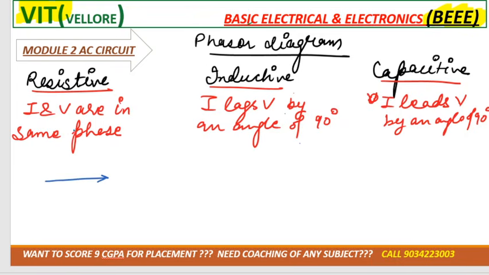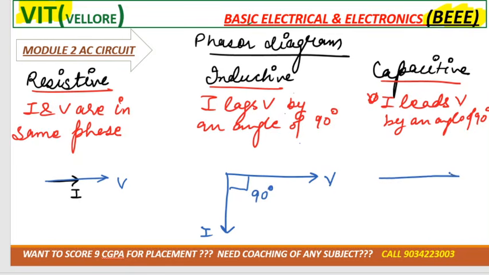Same phase means, generally we take voltage on the x-axis, right? So current is also on the x-axis. Clear? Similarly, here voltage is on the x-axis and current lags. Lags means on the downward side by 90. Here voltage is there and current leads by an angle of 90. Got it?